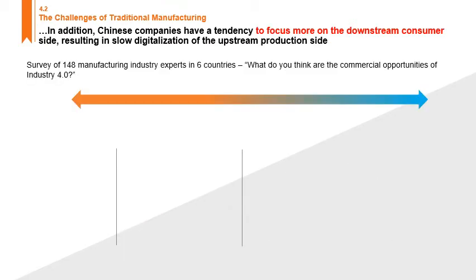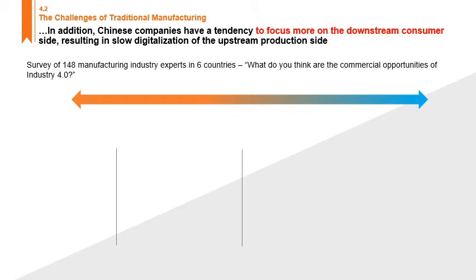So another problem is that Chinese companies have a tendency to focus more to the downstream consumer side, resulting in slow digitalization of the upstream production side. In a survey of 148 manufacturing industries experts in 6 countries, they were asked, what do you think of the commercial opportunities of Industry 4.0? We're just going to look at the difference between Germany and China.